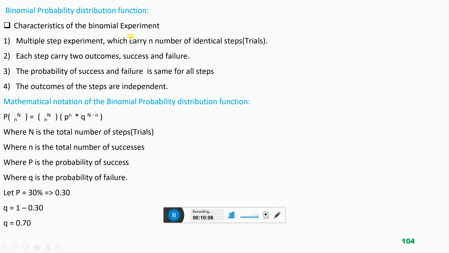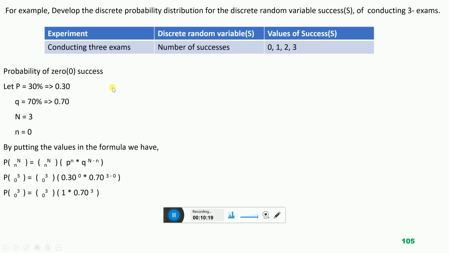This is a multiple step experiment. Steps are identical. Each step carries 2 outcomes: success or failure, pass exam or fail exam. The probability of success and failure is the same in each step, and steps are independent. So this experiment, conducting 3 exams, satisfies all the 4 characteristics of a binomial experiment.